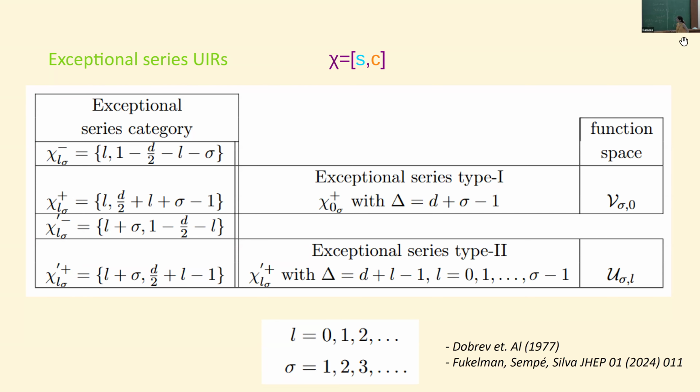Now these 4 categories of exceptional series arise in math literature, but in physics literature, the focus is on these 2, and they just call them exceptional series 1 and 2. It's a bit different naming, but it goes with specific values. You see, L here is 0 for this exceptional series 1 case, and it can take on values up to sigma.